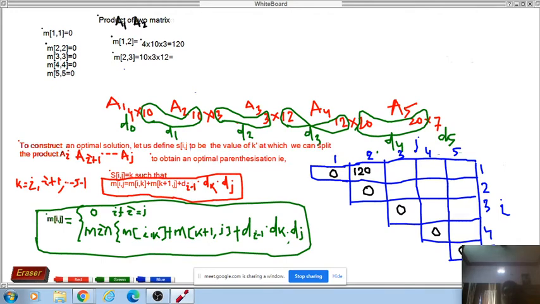Because this is 10, 3, 3, 12. So 10 into 3 into 12, because 3 is the common dimension. How much will it be? It will be 360. So you fill up this 360. Very easy steps. Very interesting also to find out. No problem. Okay.